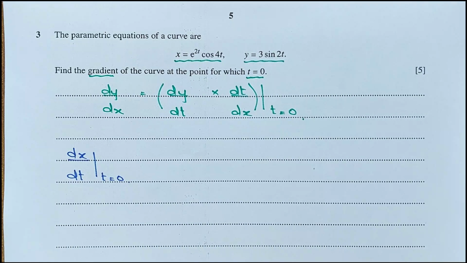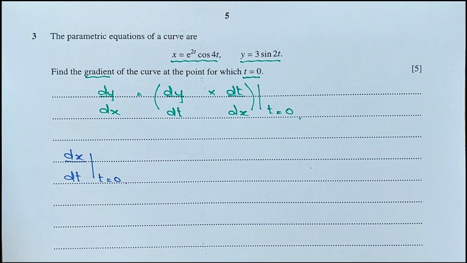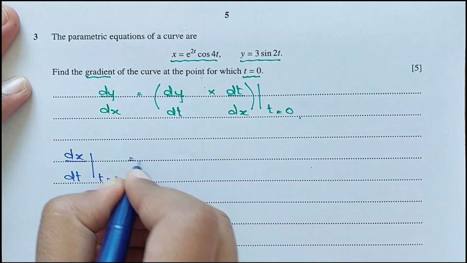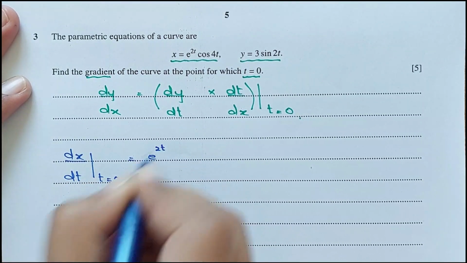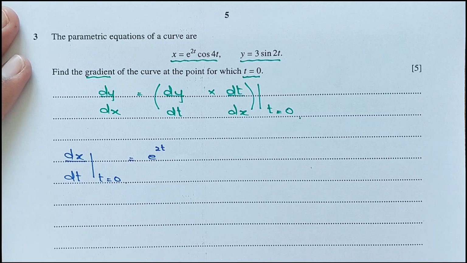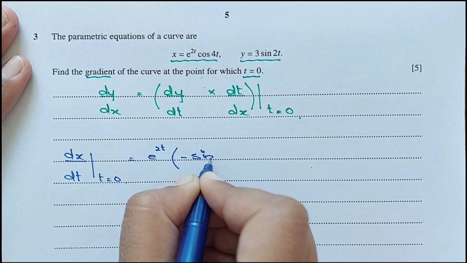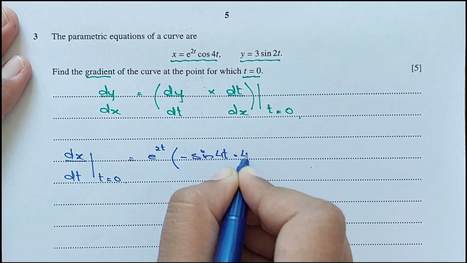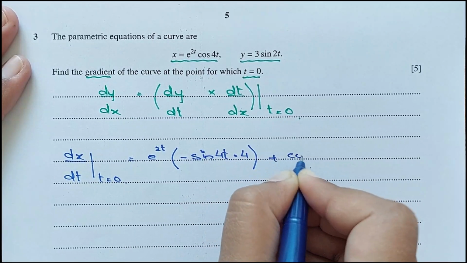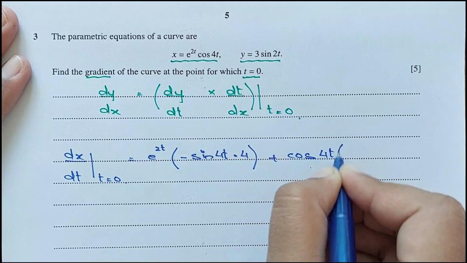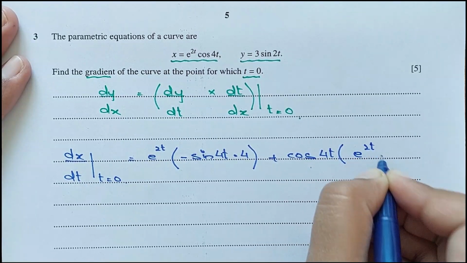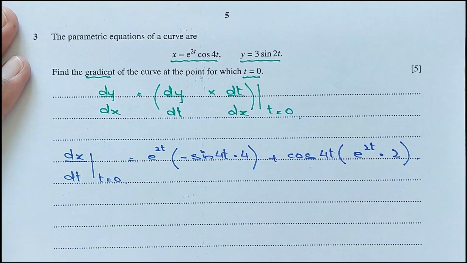So x is a function of t, so first we need to use the product rule here. First function as it is, times the derivative of the second function, the derivative of cos 4t is minus sine 4t into 4, plus cos 4t stays the same, times the derivative of e power 2t, which is 2 times e power 2t, right?